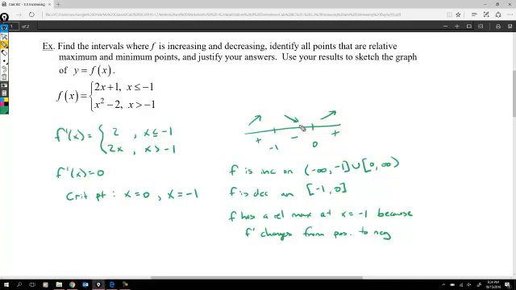All right, so it's going up and then down, so I have a peak right there. And I know that f has a relative minimum at x equals 0 because f prime changes from negative to positive. And that's enough justification for those. All right, let's move on.